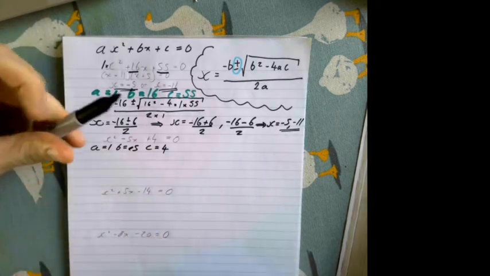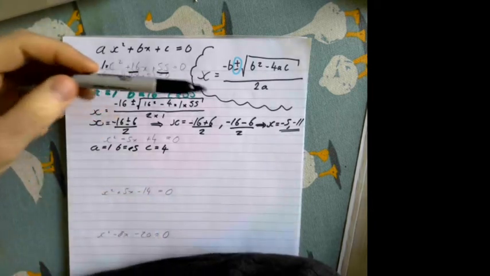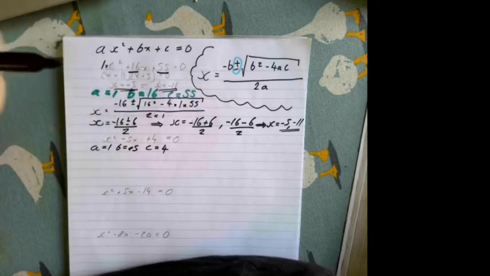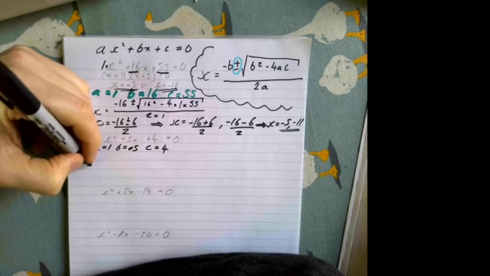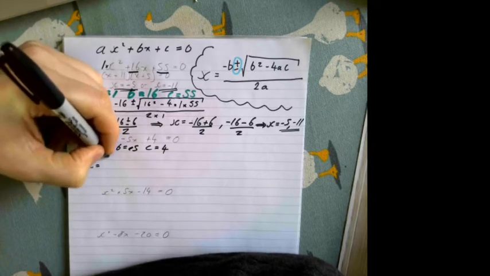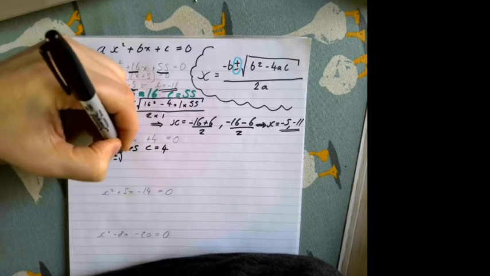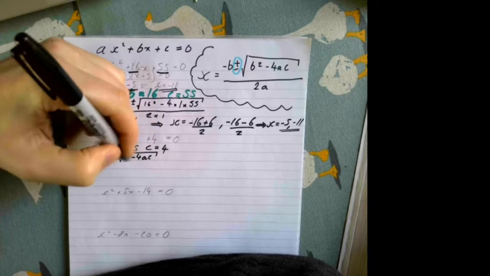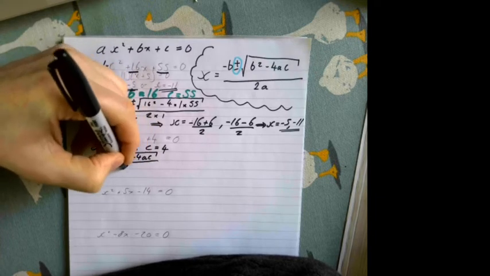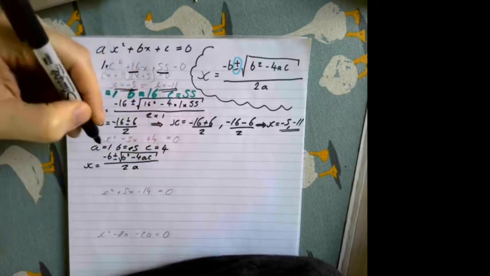I would close down the window and try, from memory, to remember this. And hopefully what you wrote down, now you've clicked play again, is that x is equal to negative b plus or minus the square root of b squared minus 4ac, all over the whole thing divided by 2a.